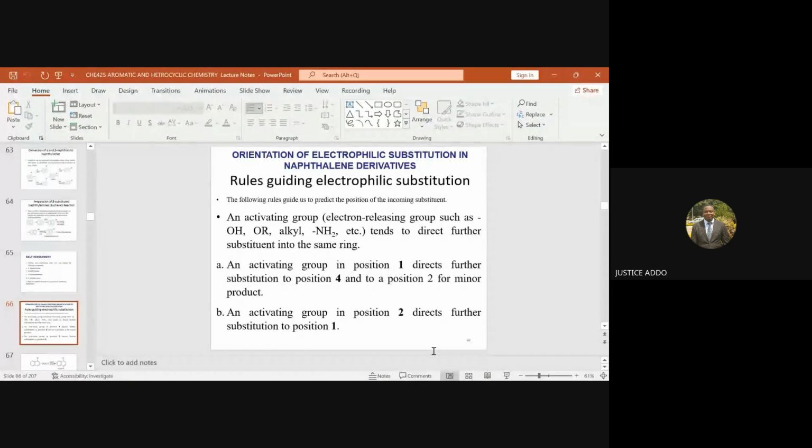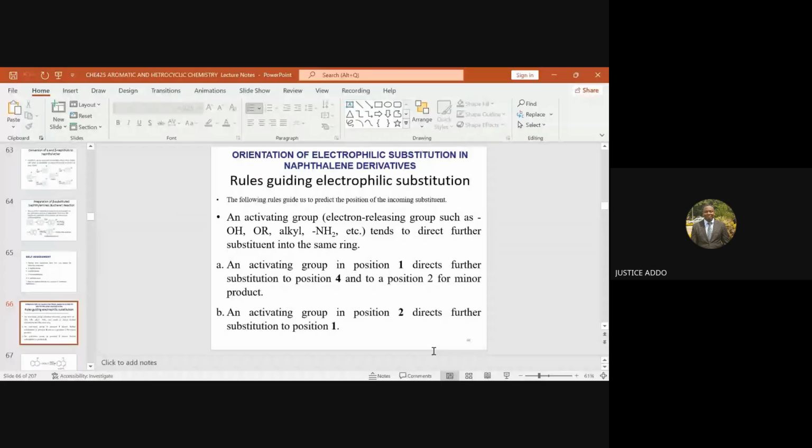In so doing, they deactivate the ring. And when they deactivate the ring, their influence on an incoming group is to direct it to the meta position. The meta position. So this is just something for us to note when we're dealing with the benzene reactions.